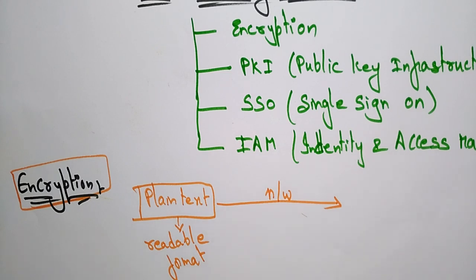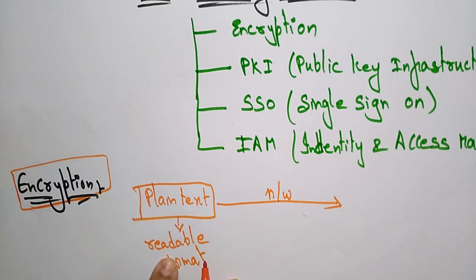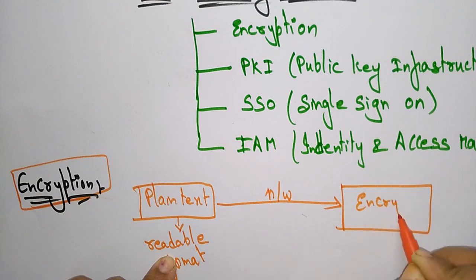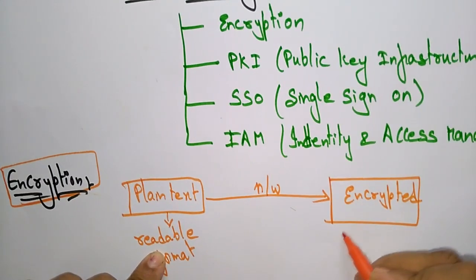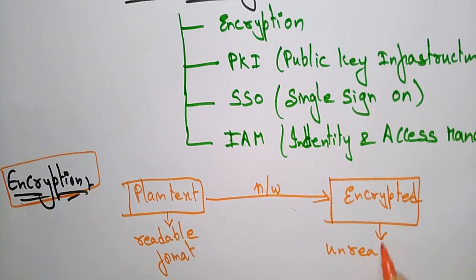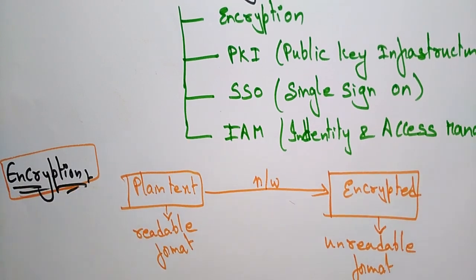It is used for encoding the plain text data into a protected and unreadable format. So this plain text, which is a readable format, is encrypted. Encrypted means converting this plain text into unreadable format.